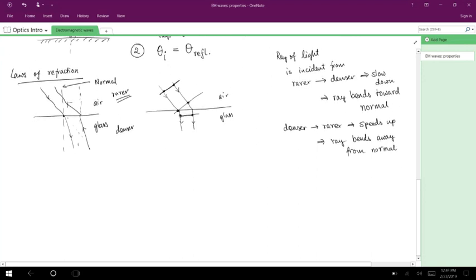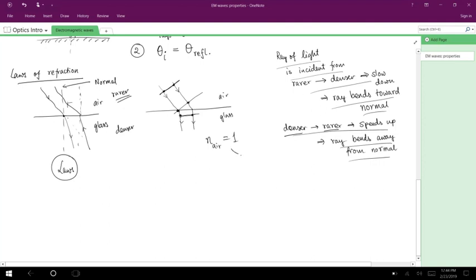But still, we have to talk about a couple of laws of refraction. So these are not really exactly the laws, but these follow from the laws of refraction. Oh, one other thing that I should mention here is what do I mean when I talk about a denser medium or a rarer medium? Whenever an index of refraction is larger, it's a denser medium. So for instance, n air is equal to 1.